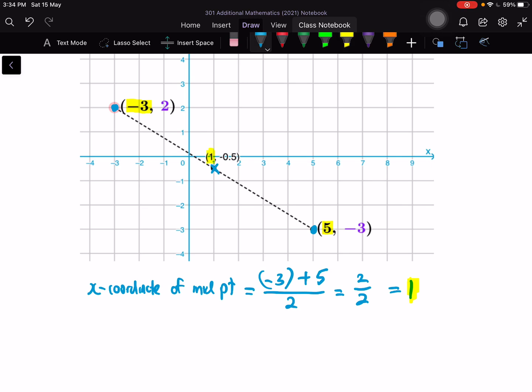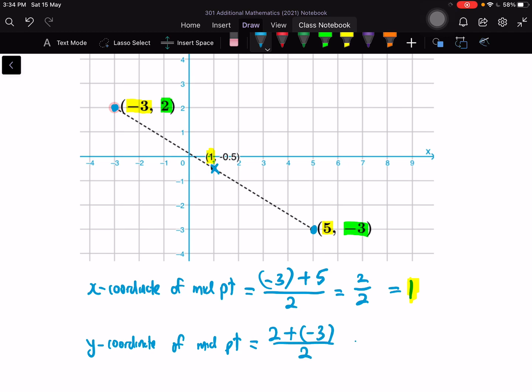So similarly, let's try to find the y coordinate of the midpoint. This time you look at the y coordinates instead. The y coordinates of the two endpoints are 2 plus, remember you add to find the average, 2 plus -3, then you divide by 2.